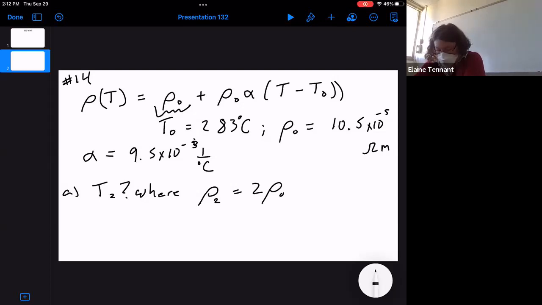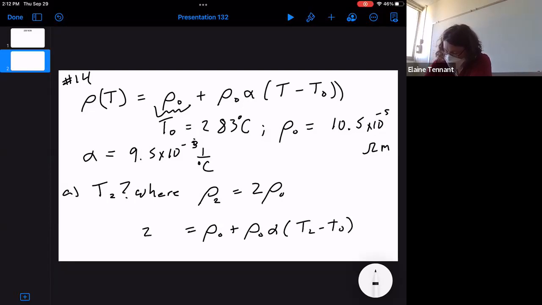For this one, I would say rho 2 will be rho naught plus rho naught alpha, T2 minus T naught. And I need that to equal twice the base resistivity.